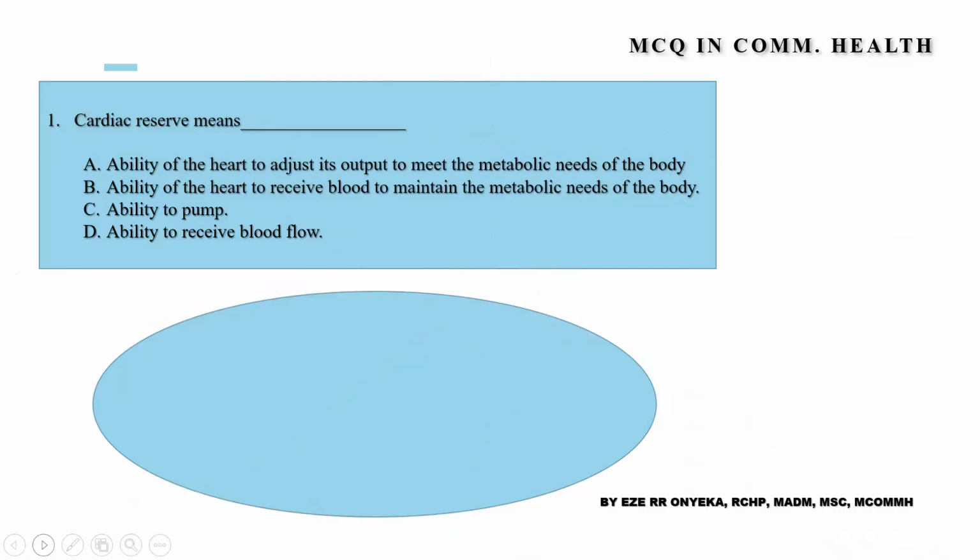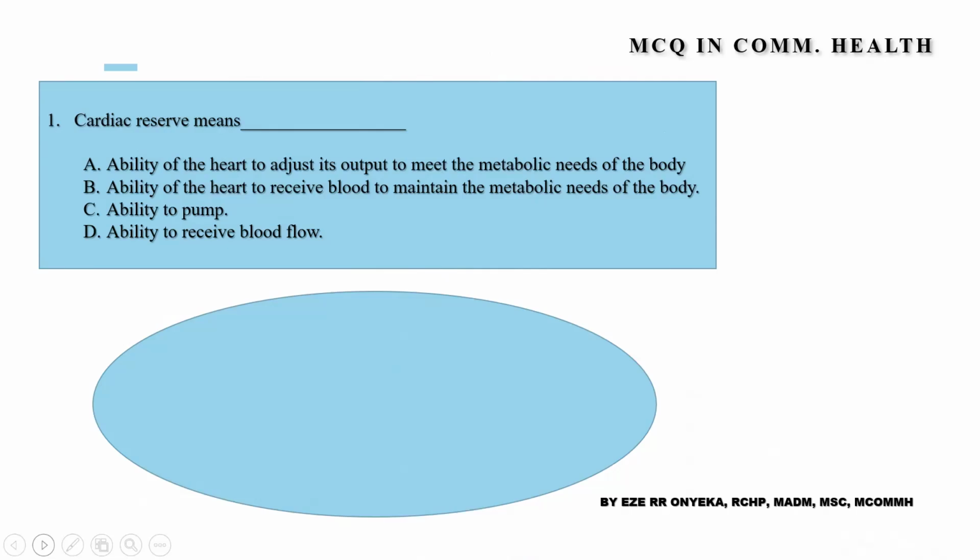Cardiac reserve means A, ability of the heart to adjust its output to meet the metabolic needs of the body. B, ability of the heart to receive blood to maintain the metabolic needs of the body. C, ability to pump.